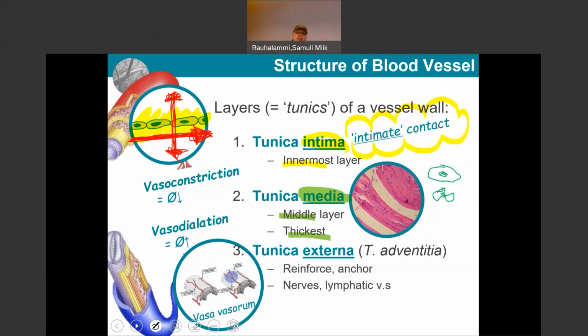These are not under conscious control, so they are involuntary. One of the important things that the smooth muscles would do for us when we think of the blood vessels, they facilitate two types of responses to the needs of the blood vessels.